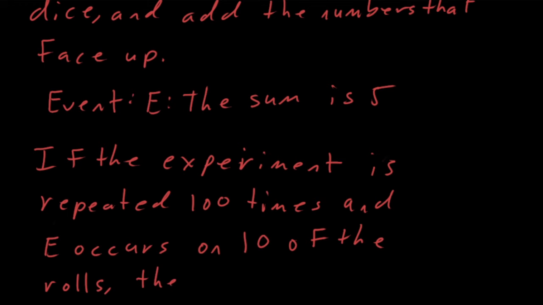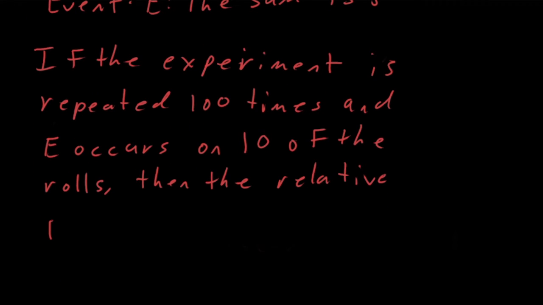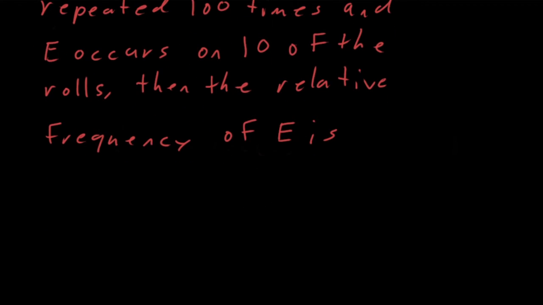then the relative frequency of E is, here we go, relative frequency of E. So estimated probability is equal to the frequency of E over the number of times we did the experiment.